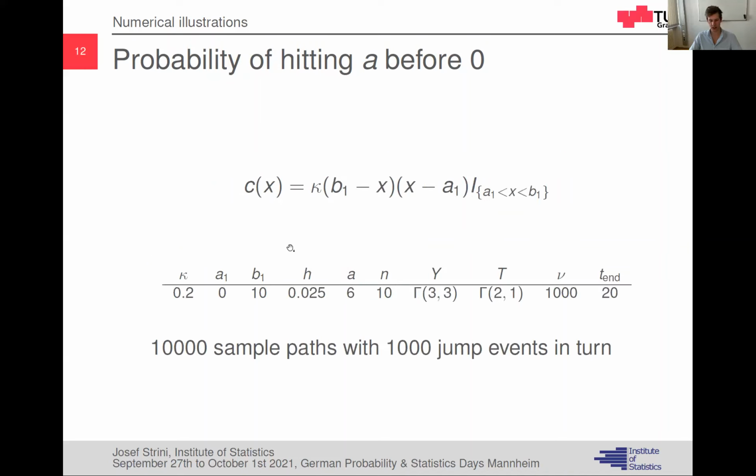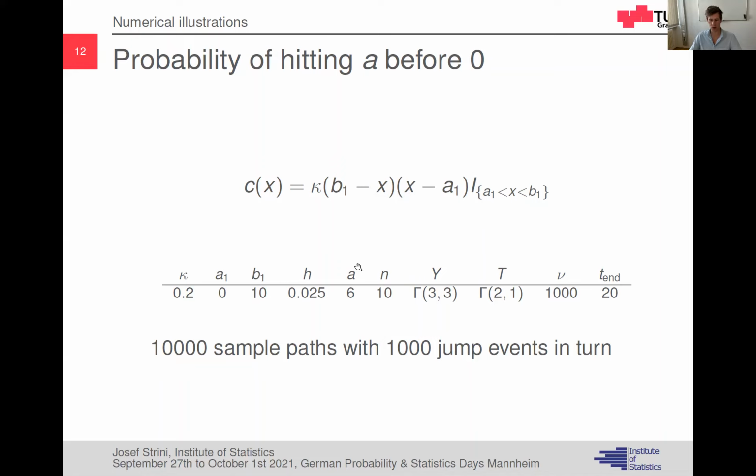And for this set of parameters and this special state-dependent premium rate, which we have seen at the beginning for the sample path, this is just if x is close to B_1, then this becomes 0, and if x is close to A_1, then this again becomes 0, and A_1 and B_1 are 0 and 10.